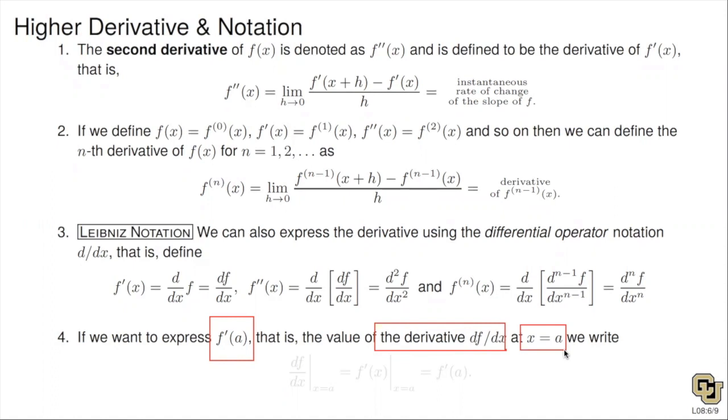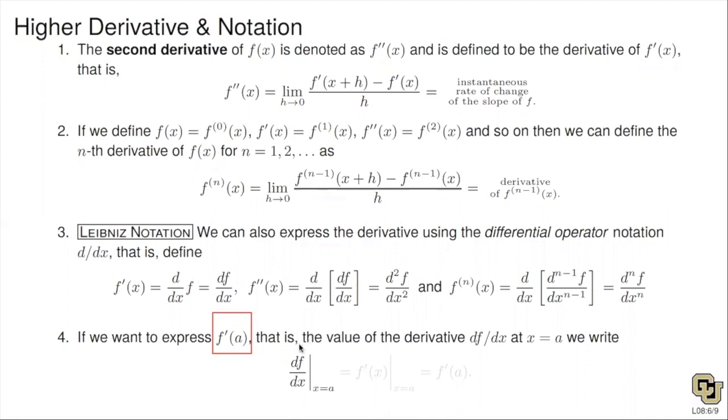So if I plug a into the function first, that becomes a constant because I plugged in a number for the variable. The derivative of a constant is 0 because there's no rate of change. So if you plug in the a first and take a derivative, you're always going to get 0 as your answer, which is incorrect. So when we write f prime of a, we specifically mean first find the derivative and then plug in x equal to a.